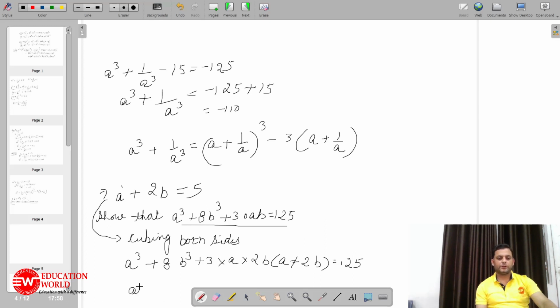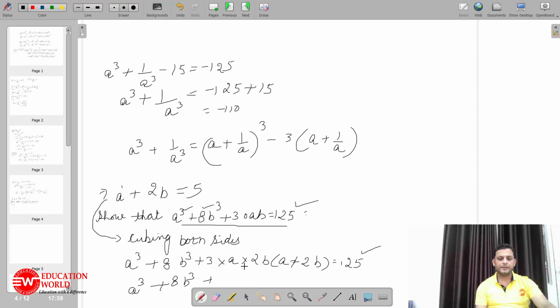Now a cube will not change. Why? You just see what result we need. A cube, we need 8b cube. The change will be in this area only now.